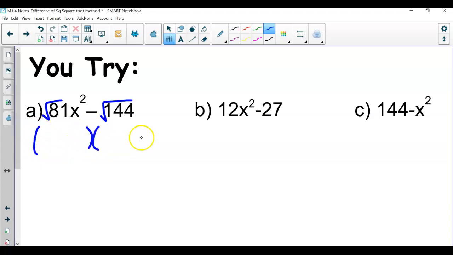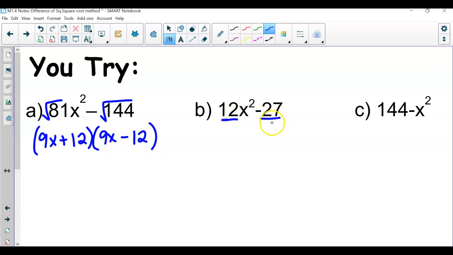So when we're writing this out, remember to get b equal to 0, I have my plus and my minus. So here we've got 9x plus 12 from the square root of 144, and then 9x minus 12. All right. So then the second one, did you have a GCF? Yes.